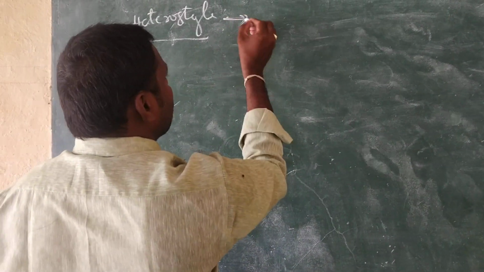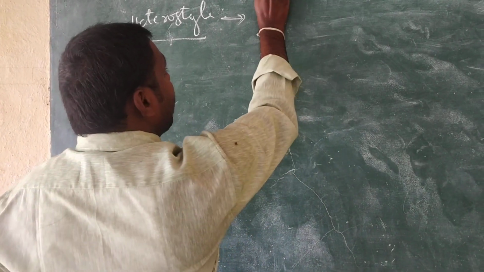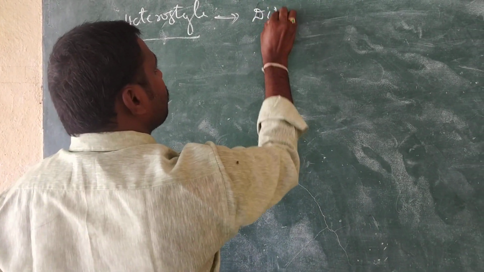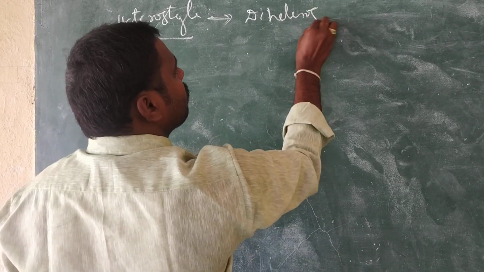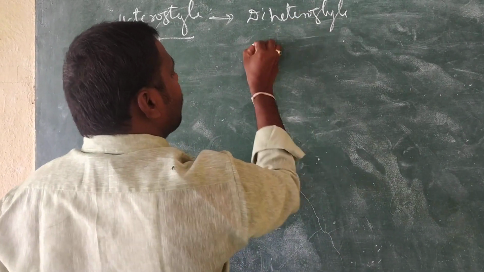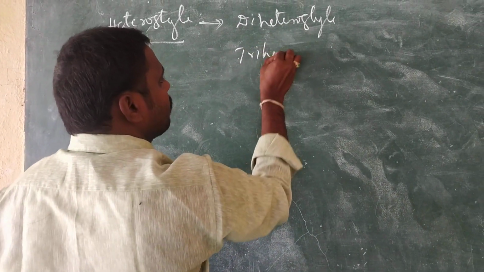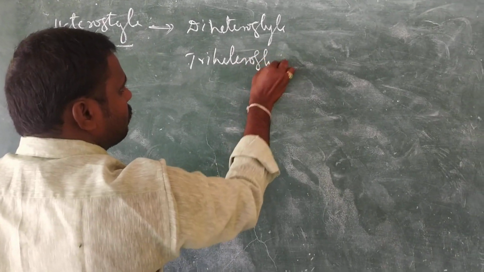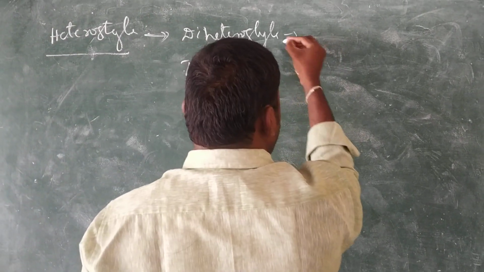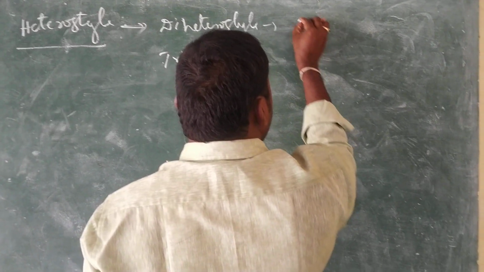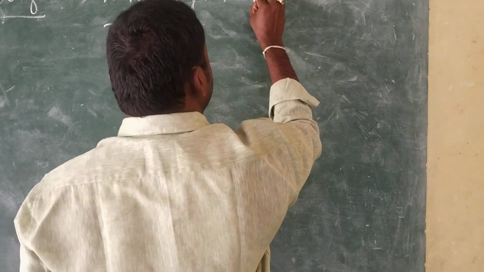This heterostyly is of two types: diheterostyly and triheterostyly. In the case of diheterostyly, for example, this is the flower.